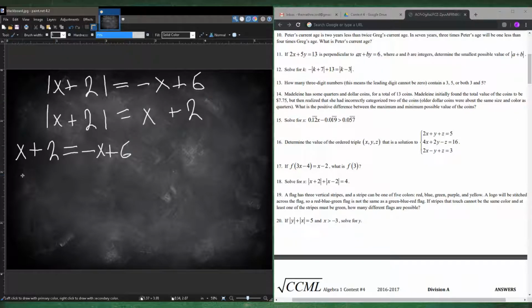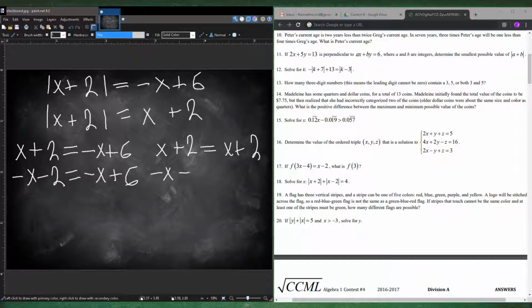And you have x plus 2 absolute value and x plus 2. So using that, the first equation, x plus 2 is equal to negative x plus 6. Or you have the second equation, which is x plus 2, which is equal to x plus 2. And you have negative x minus 2 is equal to x plus 2.